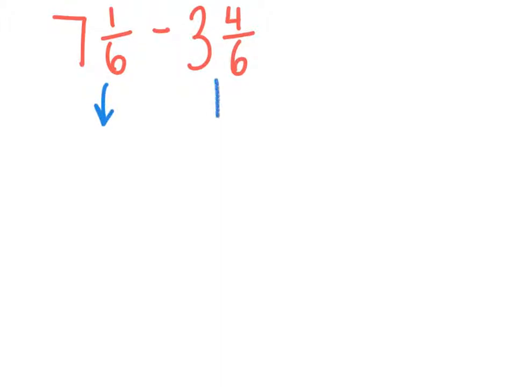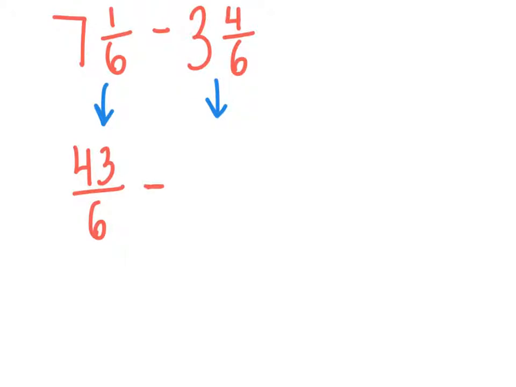All right, we're now looking at number 1, which says 7 1/6 minus 3 4/6. So our first step is to change both mixed numbers into improper fractions. When we do that, 7 1/6, well, we say 7 whole groups of 6 would be 42, plus that 1 extra left over makes it 43 with a denominator of 6.